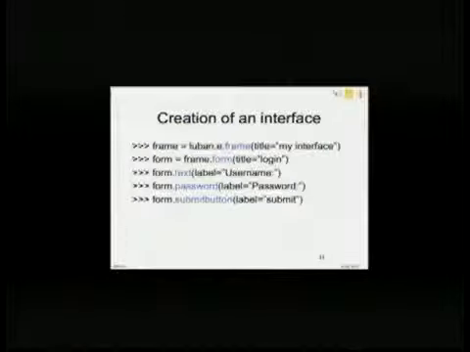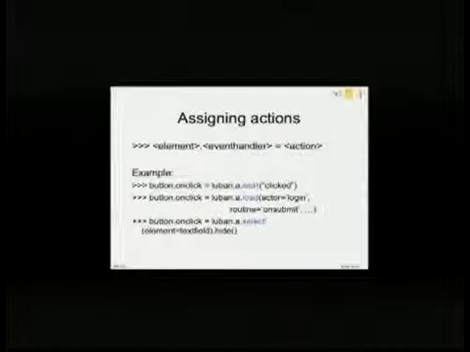To create an interface, it's simple Python syntax: you import luban, and there are factory methods to create root, leaves and branches. And this shows how to assign actions to events.